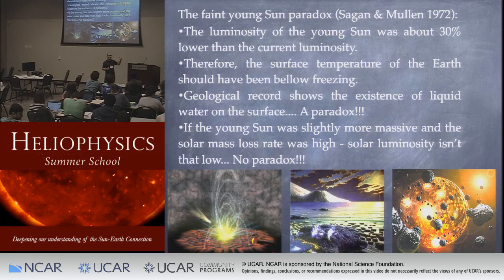It would actually be higher, and the temperature on the Earth's surface would be higher. So then there's no paradox. Okay? So a 10% more massive young sun can be an explanation for the paradox, but you need to demonstrate that the young sun lost mass at a very high rate. Okay? So that's the context of what I'm going to talk about here.